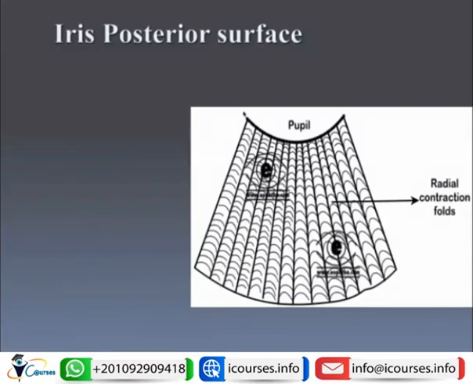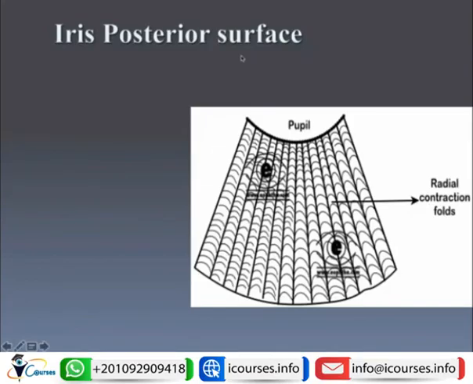They ask frequently what is the color of the posterior surface of the iris, and whether it will be different according to the melanin content, and the answer will be no. It will be black, even with a very light color iris.